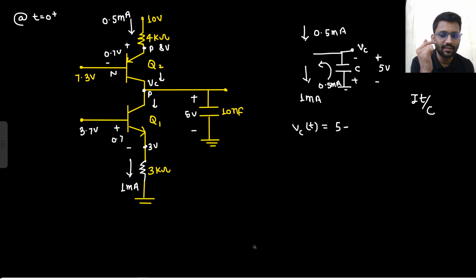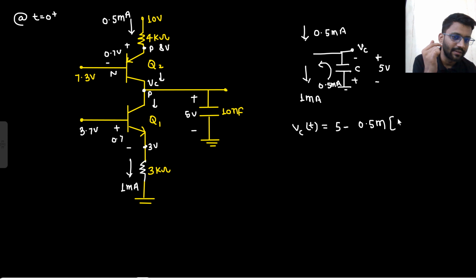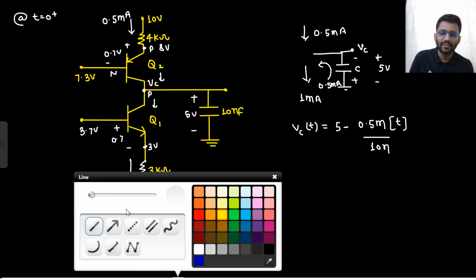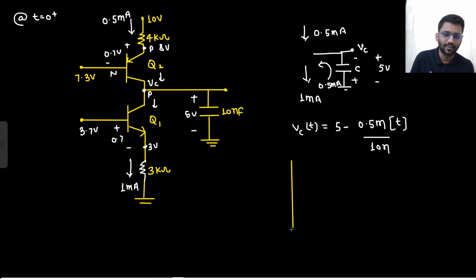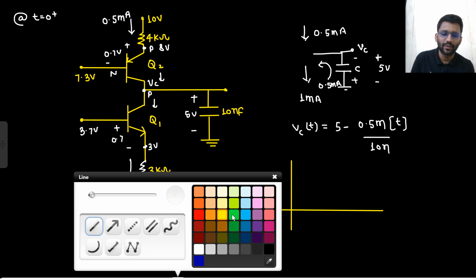It is I t by C. So what is I here? That is 0.5 milli into time t by C. Capacitance value is 10 nano. Right. So this is how VC(t) potential is going down, from 5 to some potential.